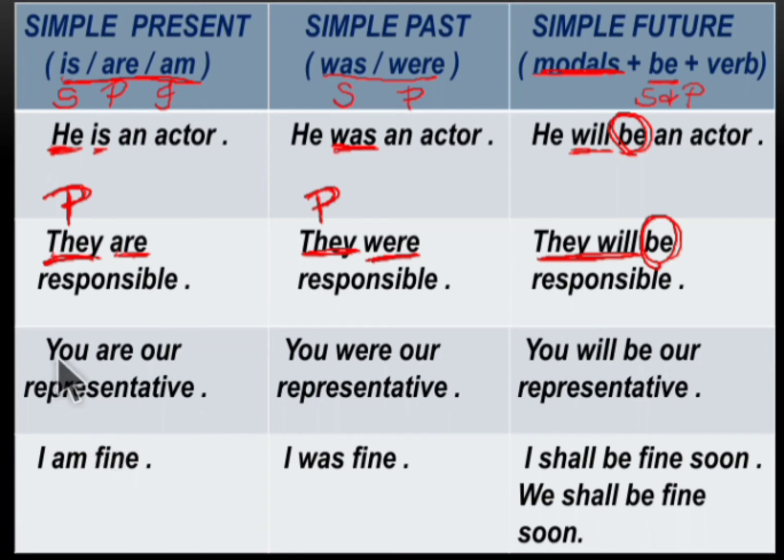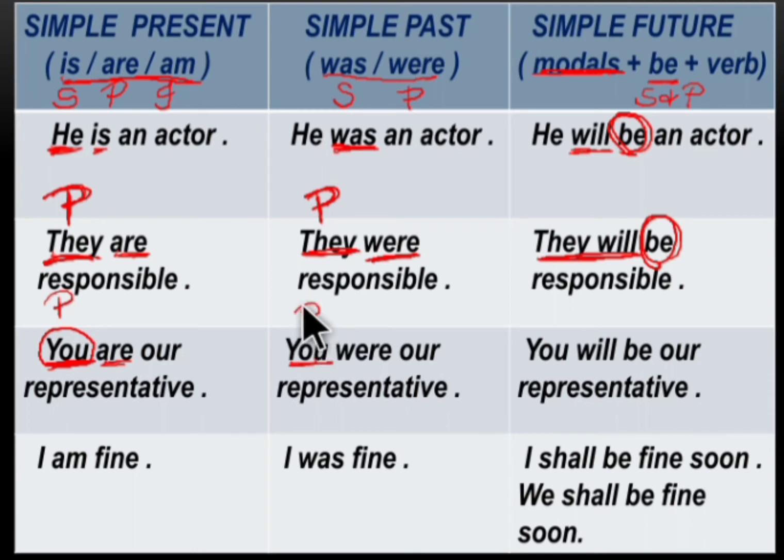Now the next sentence in the simple present: you are representative. I already told you, I and you are considered special, and you here is the plural form, so we use are. You are representative. The same with the simple past: you is considered to be the plural form.